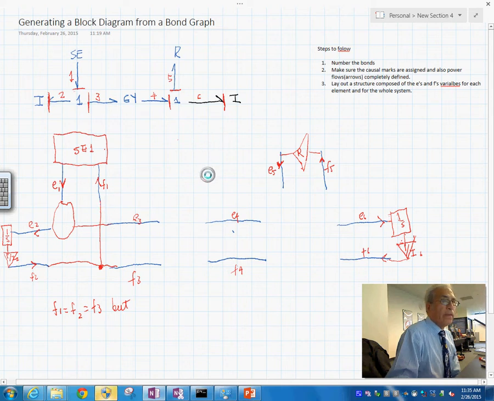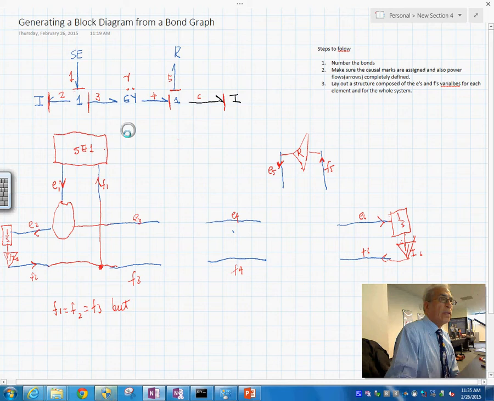And in here you see you have the conversion here. This is the modulus of this R element. In this case, F3 is the input, like this. And gets multiplied by GY34.